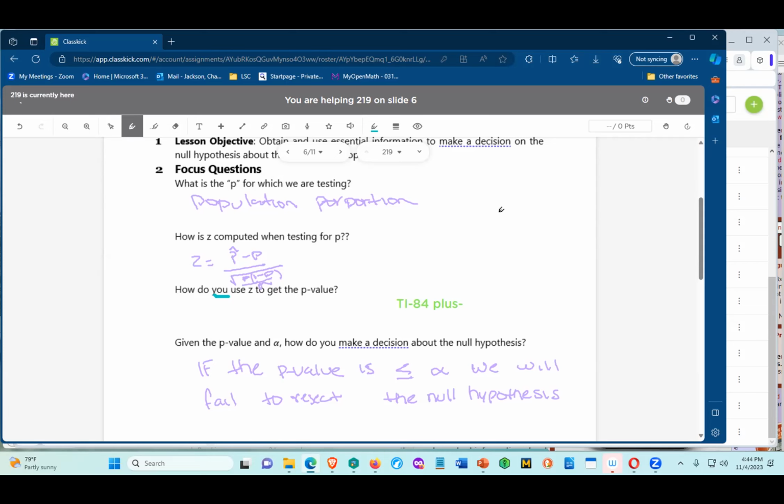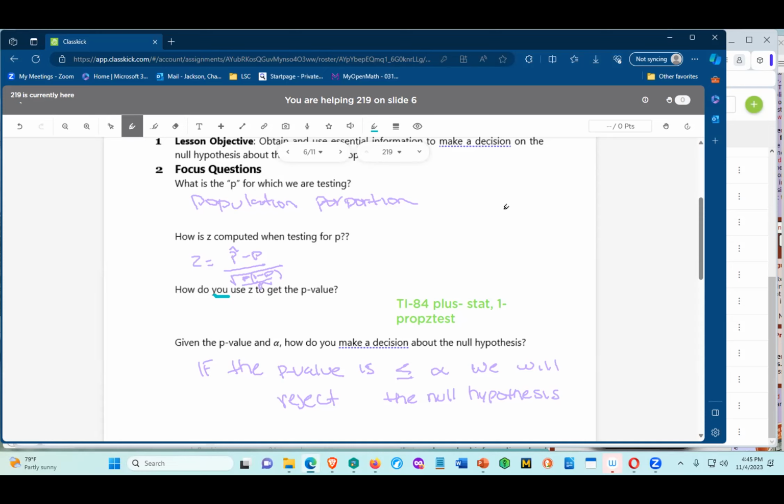Stat, 1-PropZTest. Then after that, would I just put calculate?